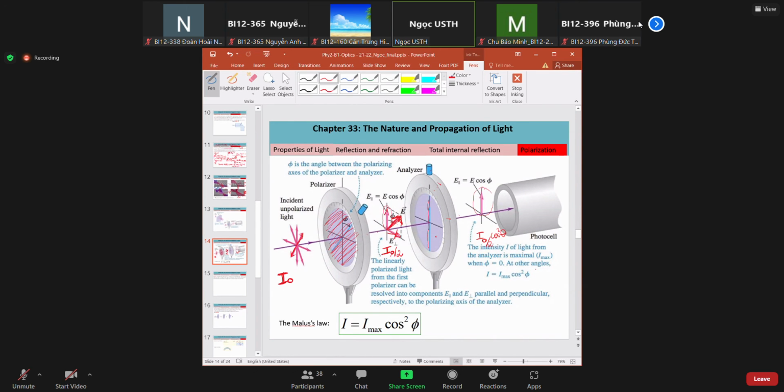The second thing I would like to explain is the intensity of the light. If I call I0 the intensity of the incident beam, it gets through the first polarizer, and the intensity of the light now is just I0 over 2.